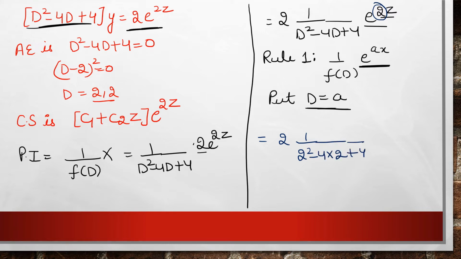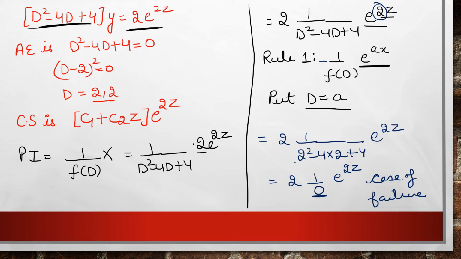So we are getting 8 minus 8, which means we are actually getting 1 by 0. Whenever we get 0 in the denominator, that is the case of failure. In case of failure, we multiply by one independent variable on the left hand side, and we differentiate f of D.